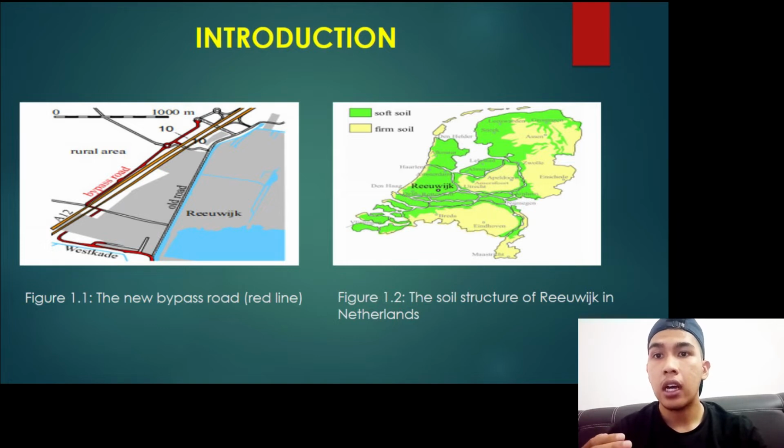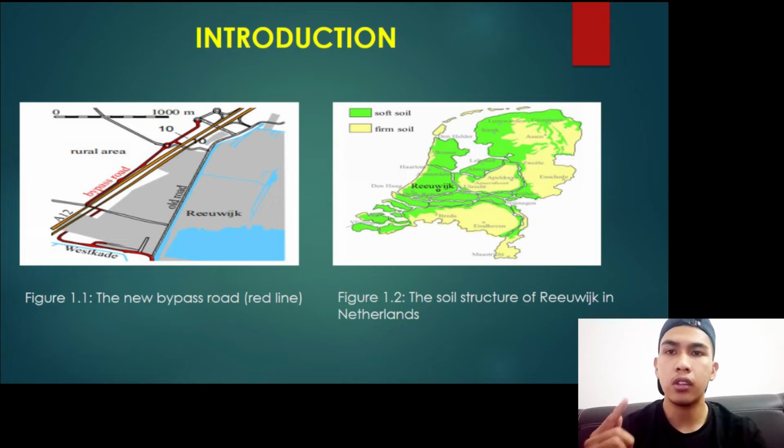Each lane has one direction, with an extra lane at the junction, so the design traffic volume is about 19,000 per day in 2025. The second figure shows the subsoil, the soil structure. The subsoil is extremely soft and compressible.